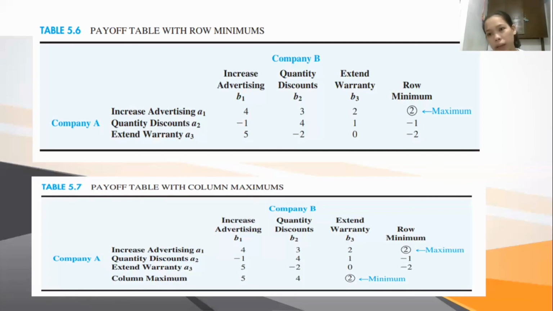So company B selects the strategy that provides the minimum of the column maximum values, which is called the minimax strategy, meaning player B or company B wants to minimize its maximum loss.